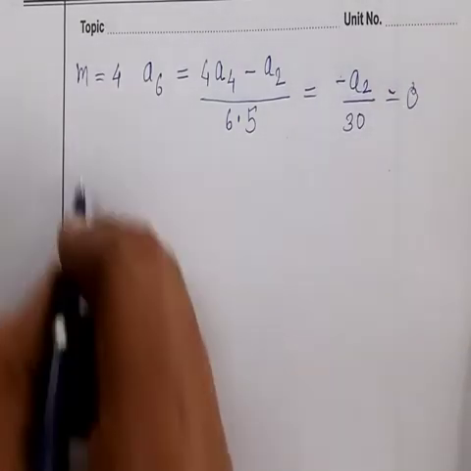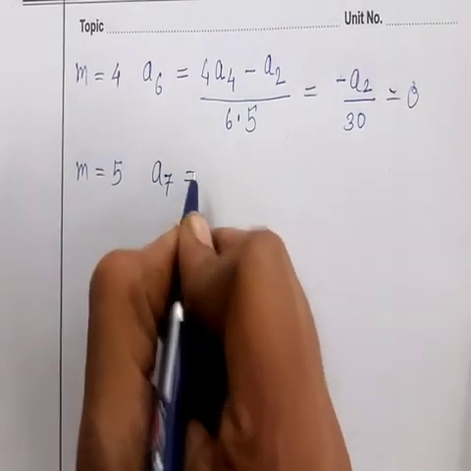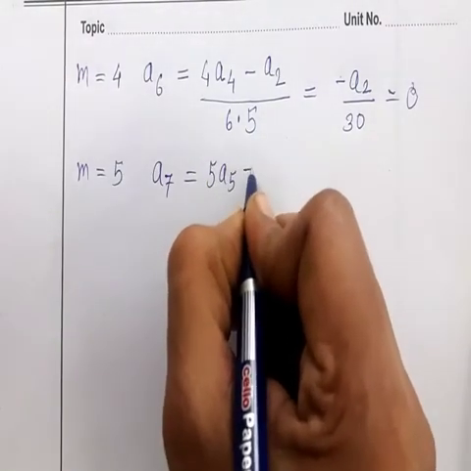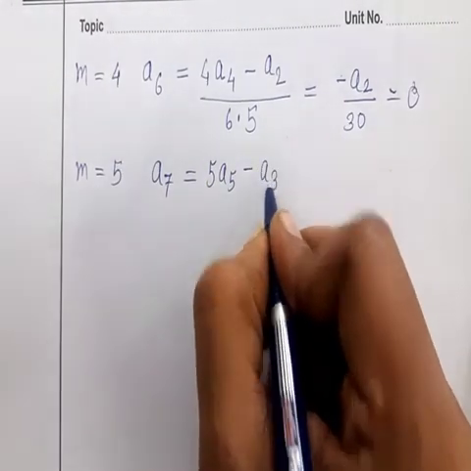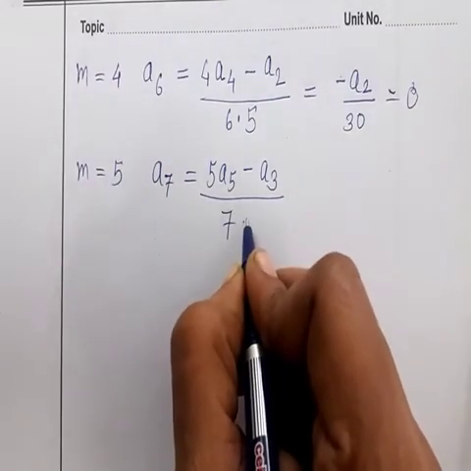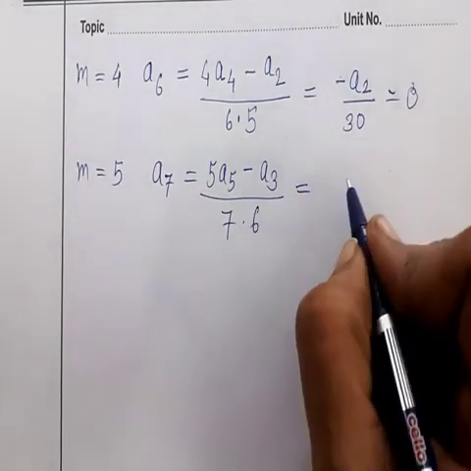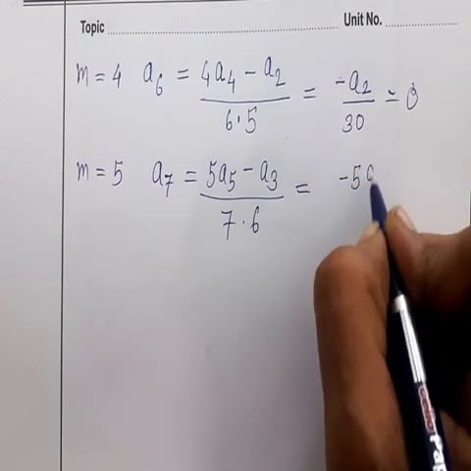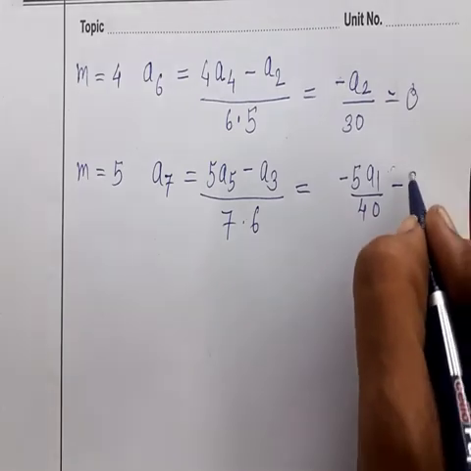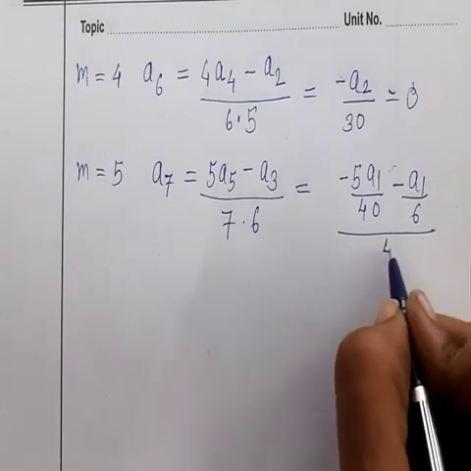Then m is equal to 5: a7 is equal to 5 multiplied by a5 minus a3, divided by 7 multiplied by 6. So a5 is minus 5 a1 divided by 40 and a3 is a1 divided by 6, divided by 42.